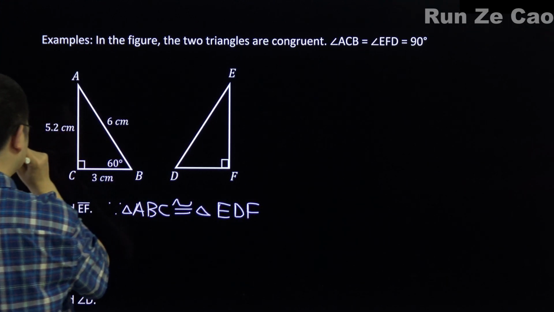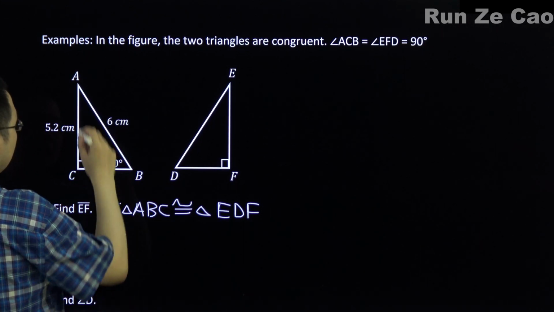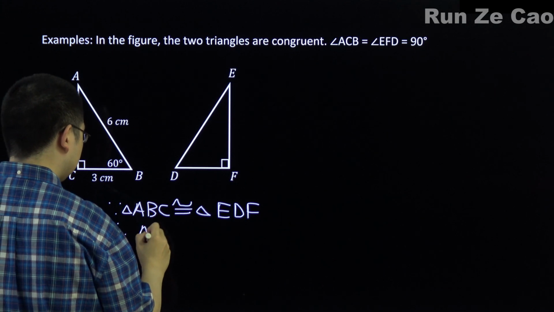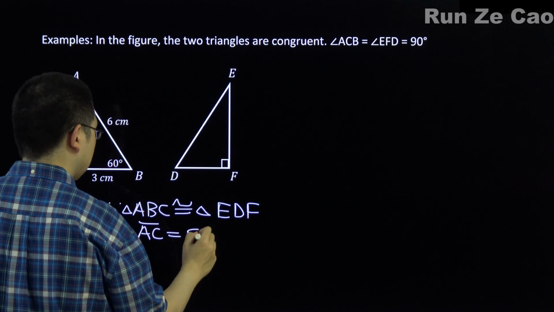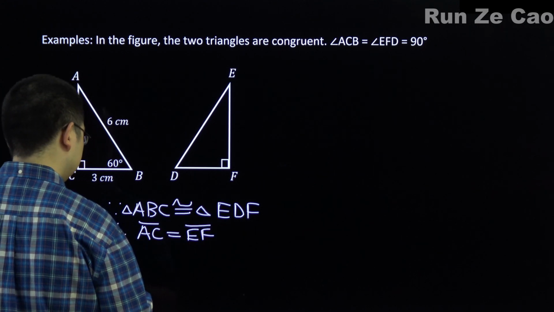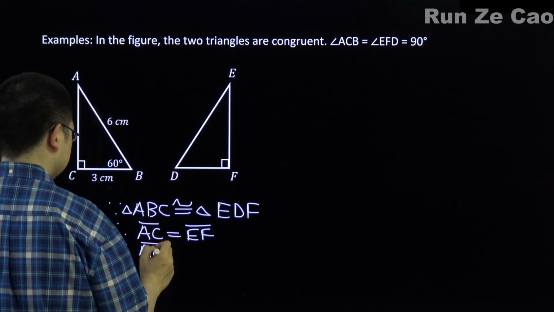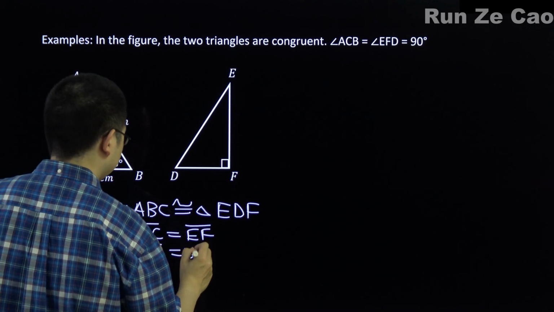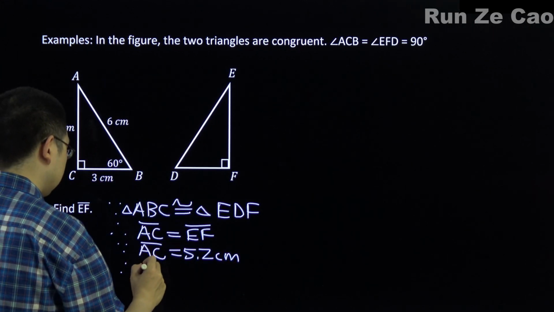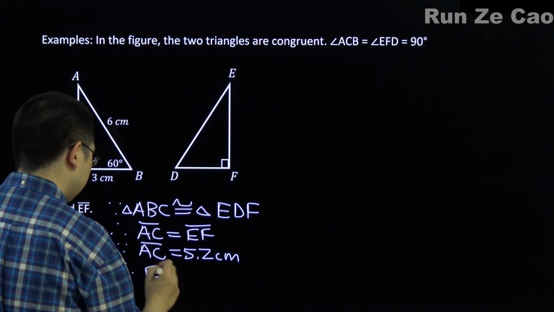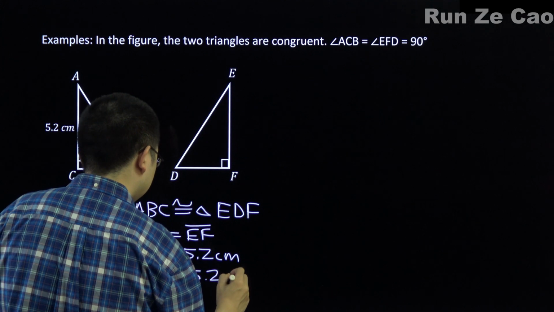So, what do we do now? Then we go, therefore, AC is equal to EF because AC equals 5.2 centimeters. Therefore, EF equals 5.2 centimeters.